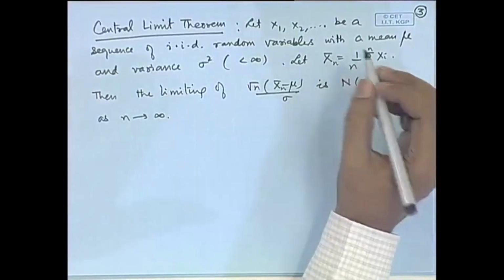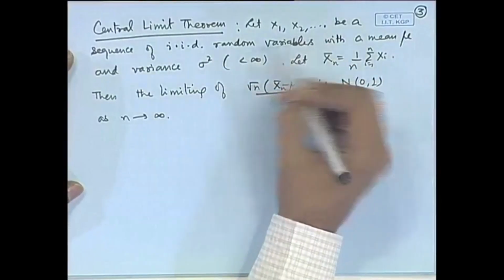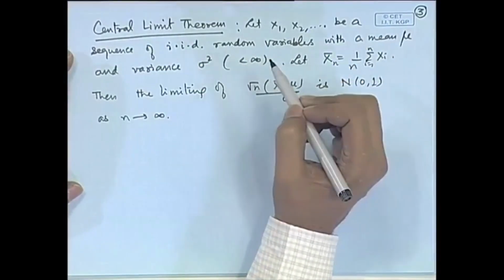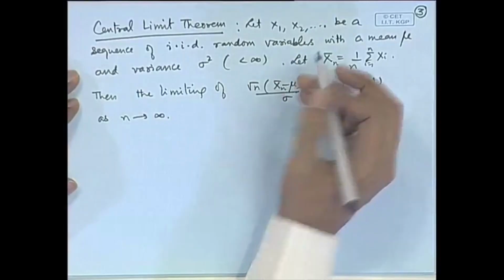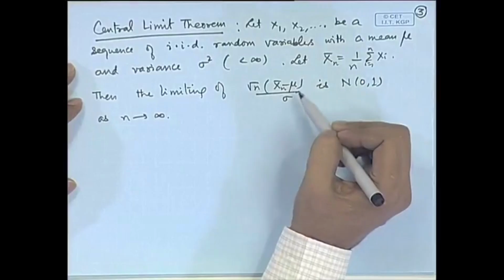However, that is part of another study. Right now, we are concerned with this sampling distribution, in which we take the x i's to be independent and identically distributed random variables.